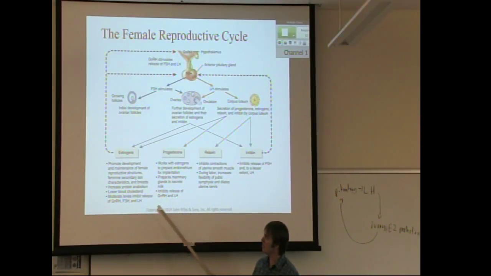And progesterone and estrogen, they have negative feedback with the hypothalamus and the pituitary, with one exception. And we'll talk about that in a little bit. But high levels of estrogen have a positive feedback with LH.